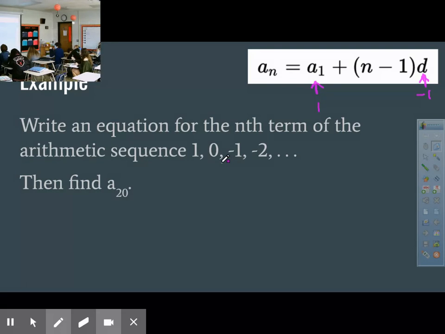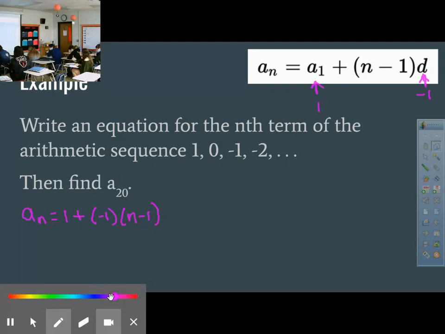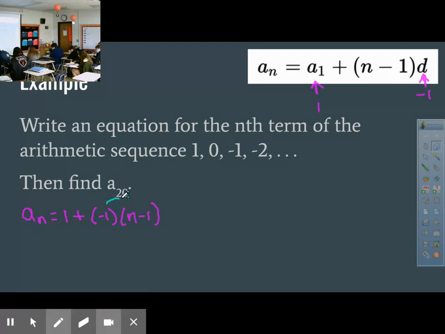So now to write our formula to find the nth term, we would do 1 plus negative 1 times n minus 1. First you multiply both by negative 1.